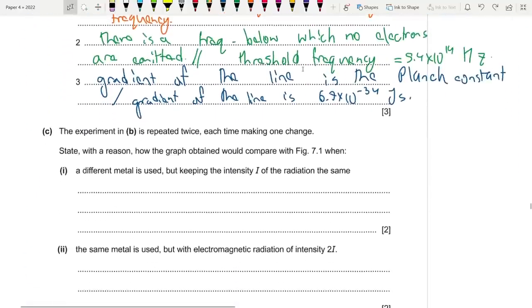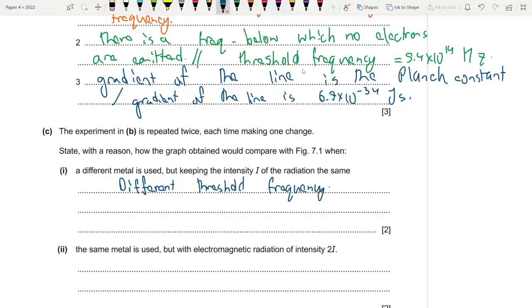Do you guys understand? So there will be a different threshold frequency, and the line has the same gradient, but a different intercept.